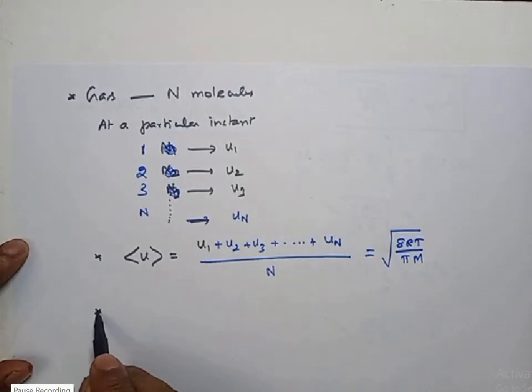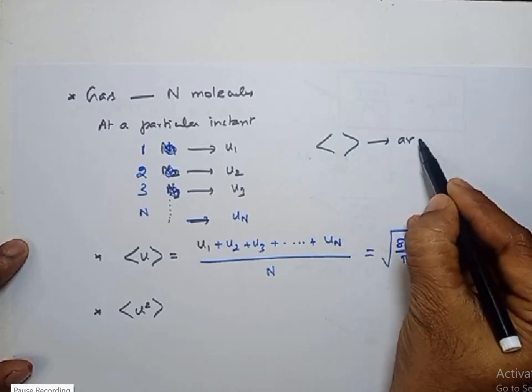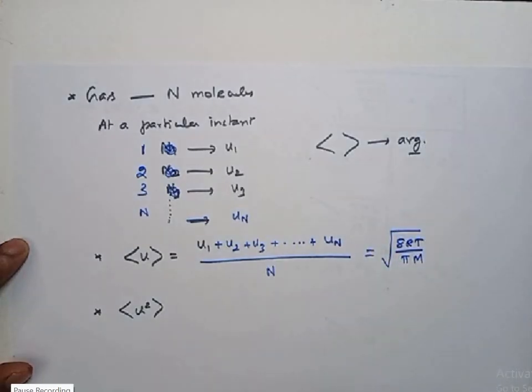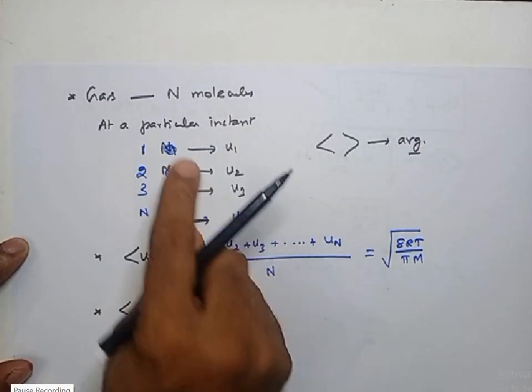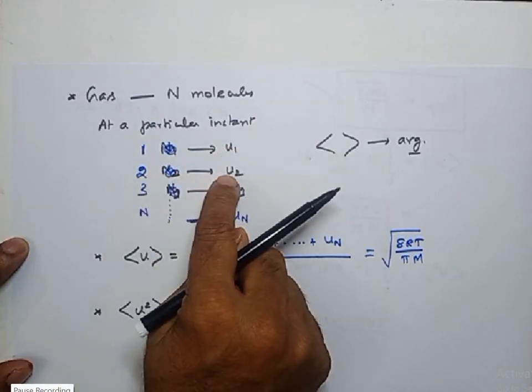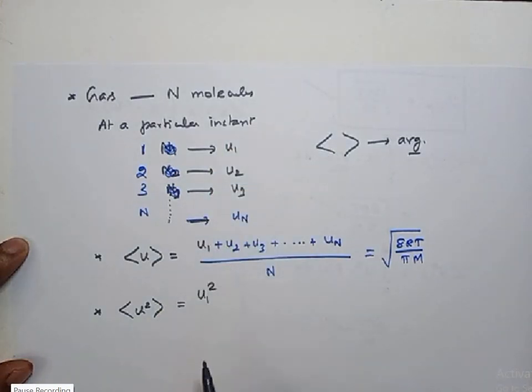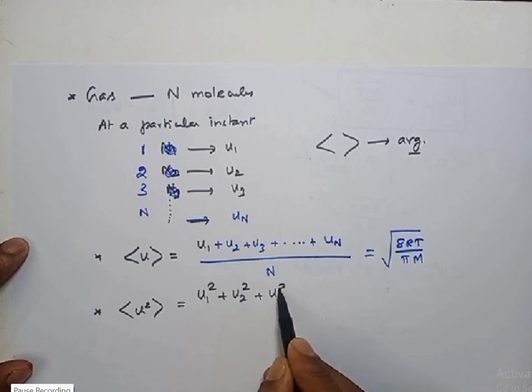Then what about the average of the square velocity? See, we use this symbol for average. So this is the average of the square velocity. What is it? Simple. At a particular instant, molecule 1 has some velocity u1, molecule 2 has some velocity u2. Now you take the squares of these: square of the velocity u1 plus square of the velocity u2 plus square of the velocity u3.